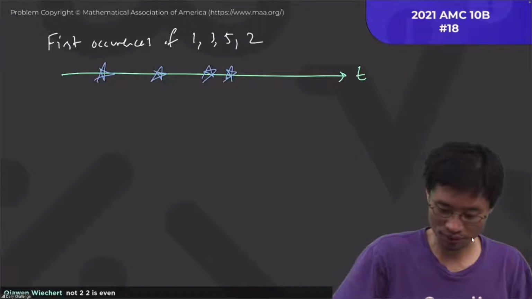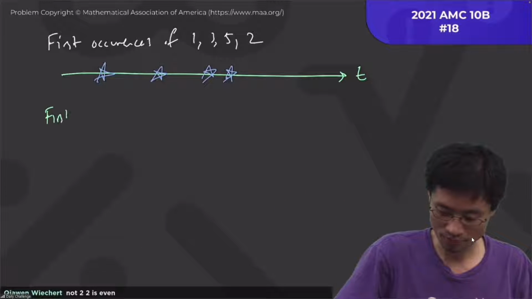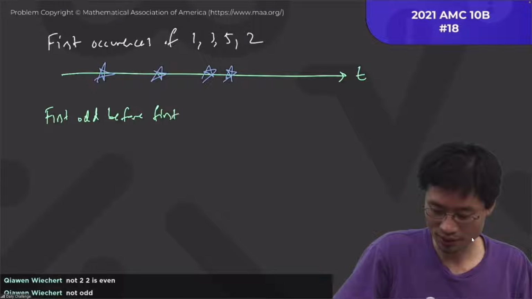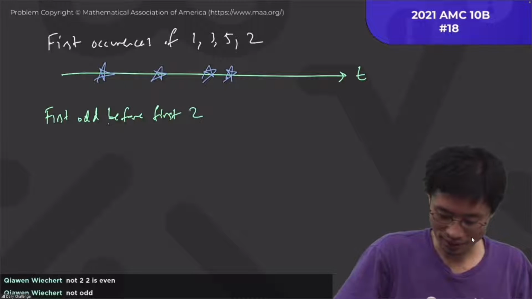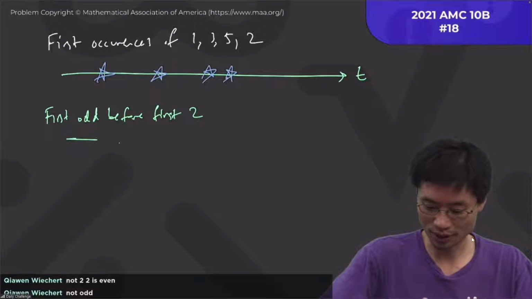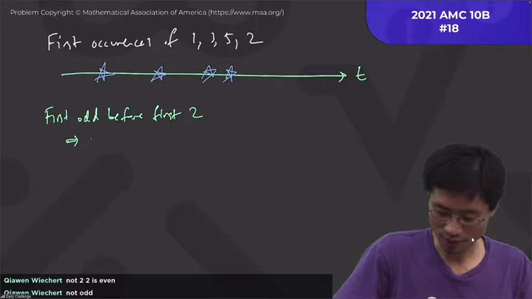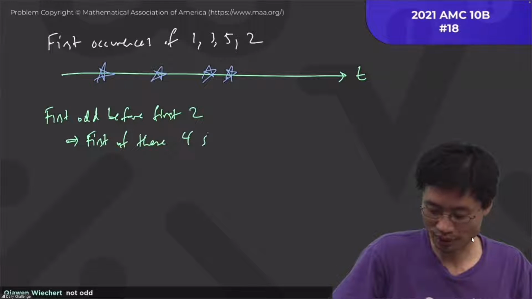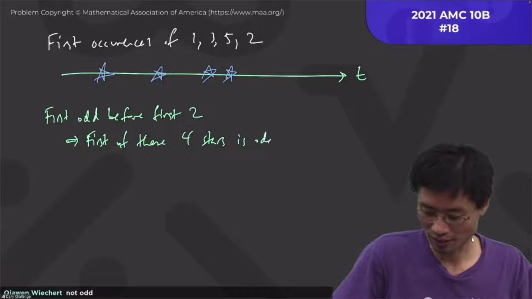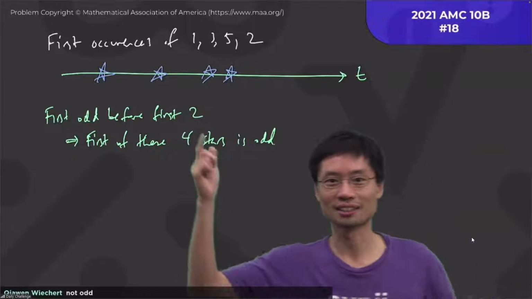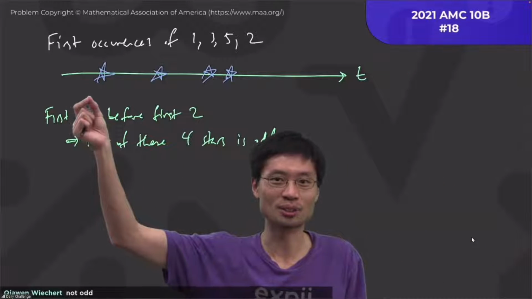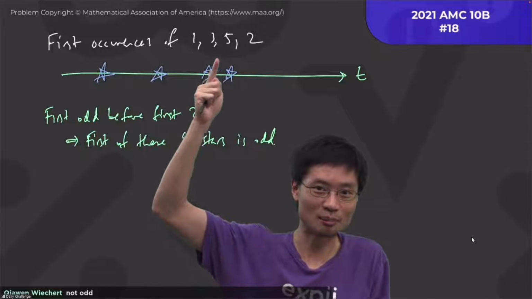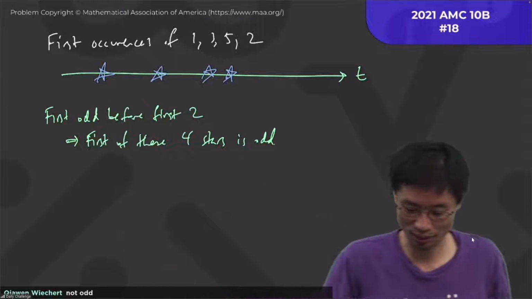First odd before first 2 means that the very first thing is odd. The first of these 4 stars is odd. But the star here is either a 1, a 3, a 5, or a 2. So the chance that it's actually an odd number is, there are 3 odd numbers out of 4. So that's why that's 3 out of 4.